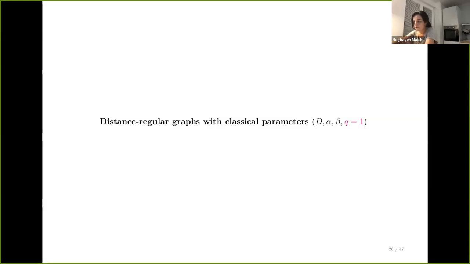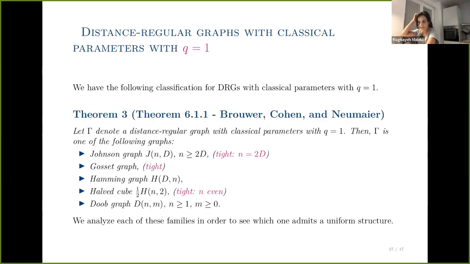Okay, we are done with the negative case. Now we move to the case q equals 1. For this case, we were lucky because we had this nice classification of distance-regular graphs with classical parameter q equals 1, which was given in the Brouwer, Cohen, and Neumaier book.